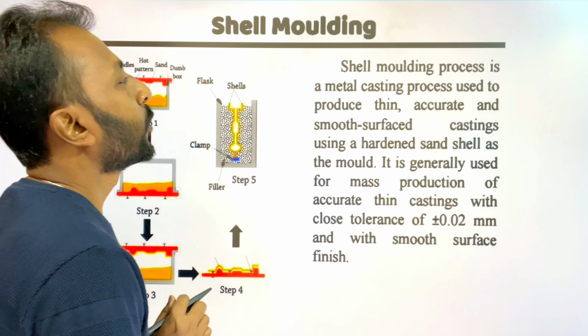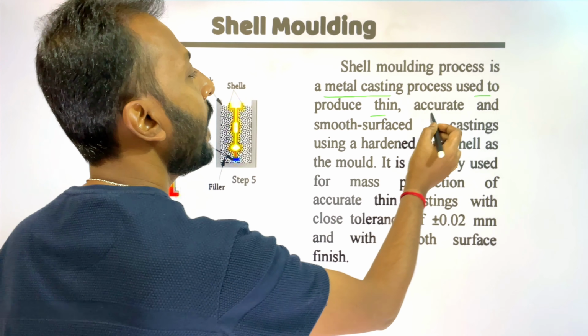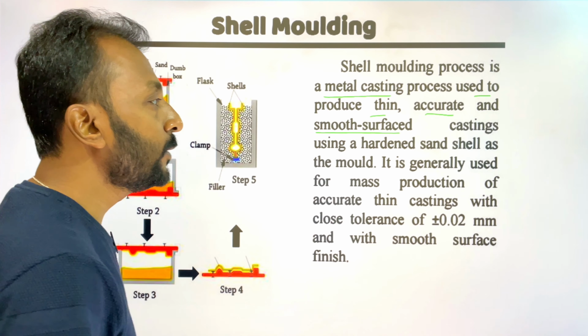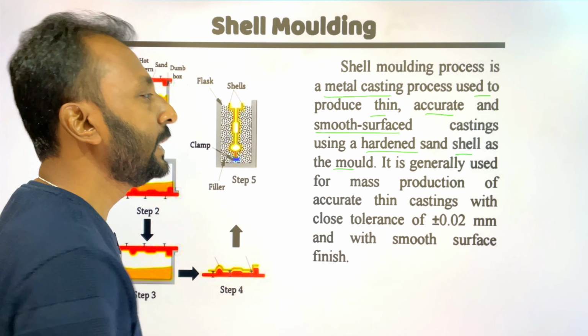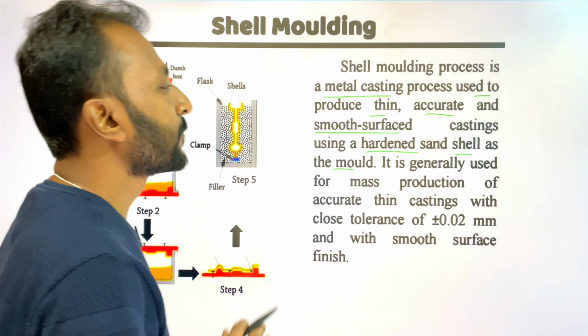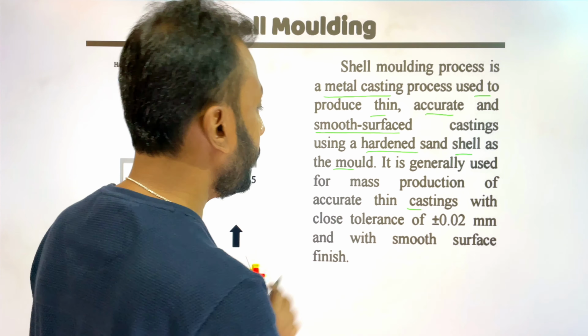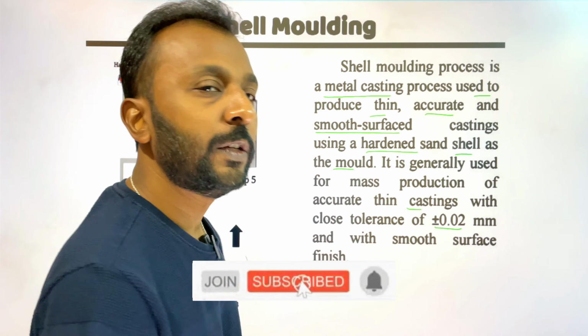So shell molding process is a metal casting process used to produce thin, accurate and smooth surfaced castings using a hardened sand shell as the mold. It is generally used for mass production of accurate thin castings with close tolerance of plus minus 0.02 millimeter.